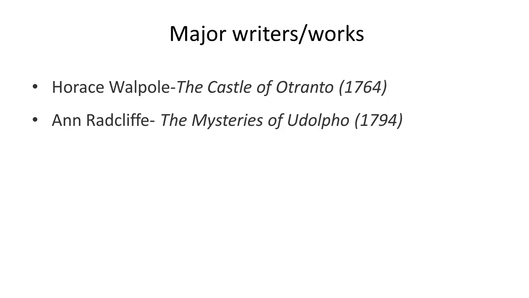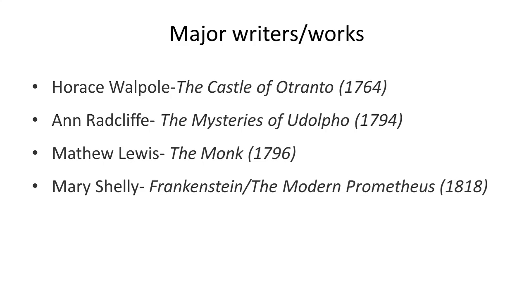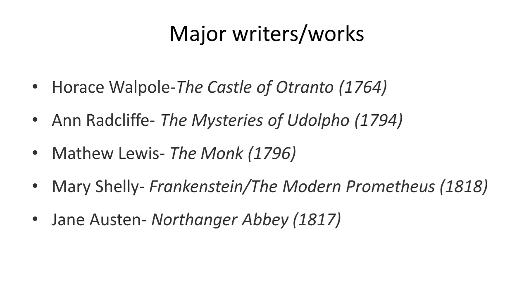Then in 1794, The Mysteries of Udolpho was published by Anne Radcliffe, and then in 1796, The Monk was published by Matthew Lewis. Then Mary Shelley published Frankenstein, or it's also known as The Modern Prometheus, in 1818. And then finally, Jane Austen, who wrote Northanger Abbey around 1803, but it was published in 1817.